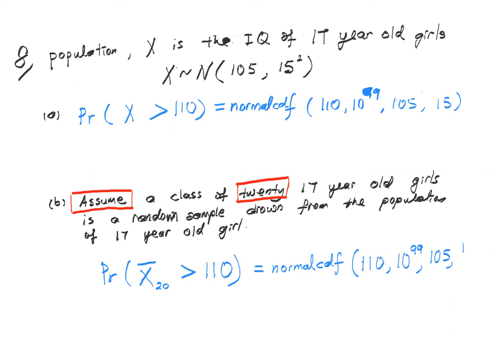Over square root 20. Yes, you are right. Equal to, and you get the answer. Okay? So can you proceed to question 9?